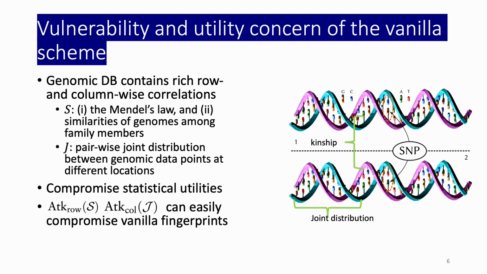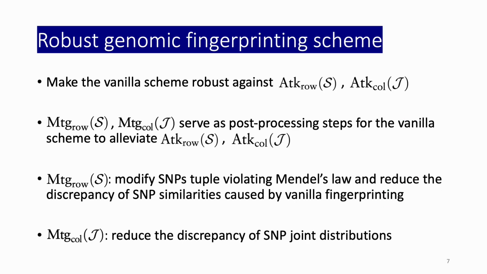As a result, the attacker can take advantage of the correlations to infer and distort the inserted fingerprint and compromise the vanilla scheme. To make the vanilla scheme robust against the correlation attacks that take advantage of the row-wise and column-wise correlation among genomic data, we developed the corresponding mitigation technique.